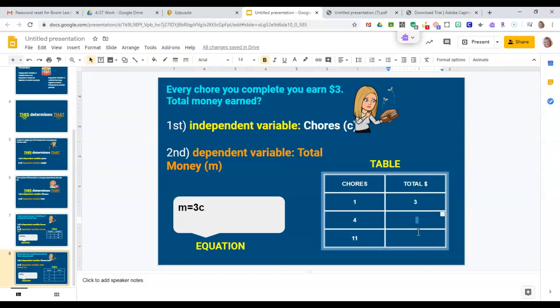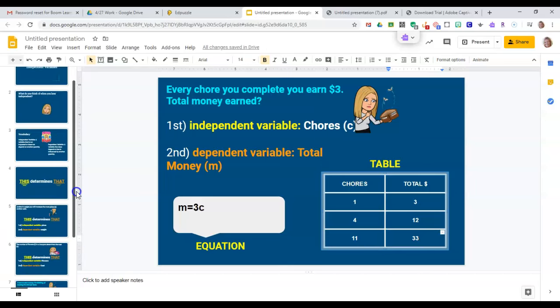So that would be $12. Okay? So I want you to tell me how much you would make if you were able to do 11 chores. Okay, well, if you do 11 chores, that's 3 times 11, so you would make $33.